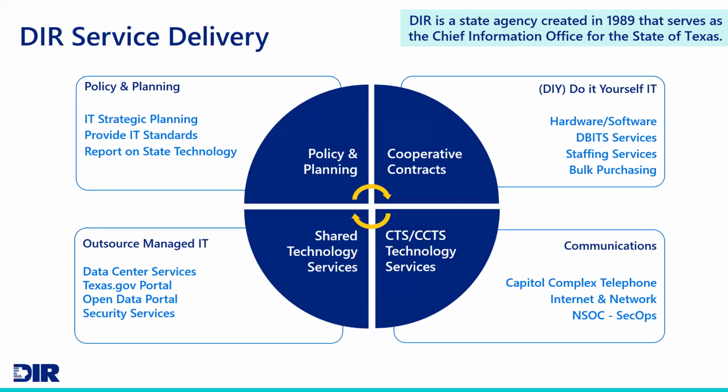We also provide the open data portal services through this program, as well as managed security services. Under this set of contracts, it's required that your entity have an agreement on file with DIR, but it's as easy as logging into a portal. You tell us the service you need, and we go get that service done for you. I'll talk a little bit more about those services in just a minute.